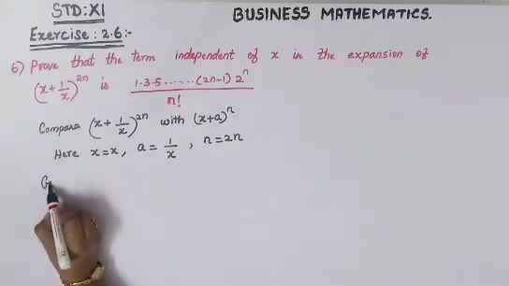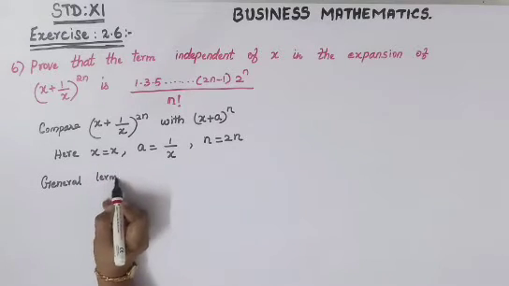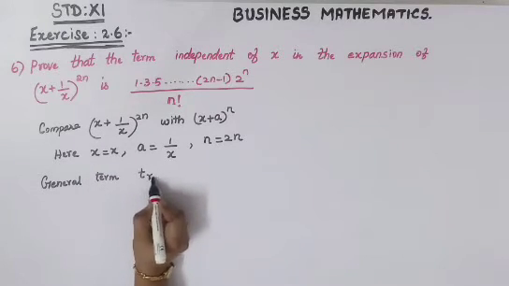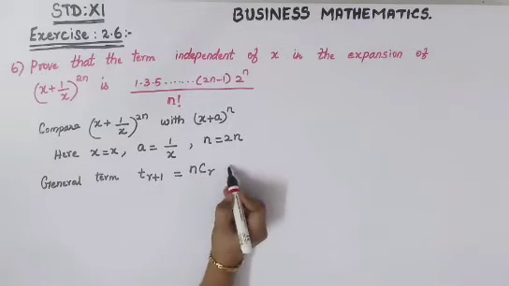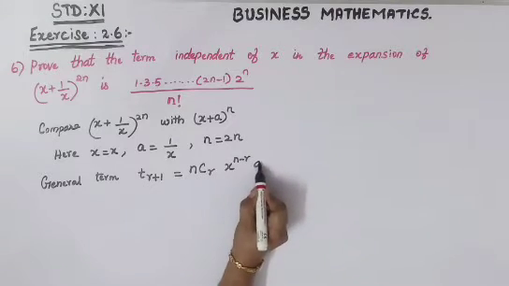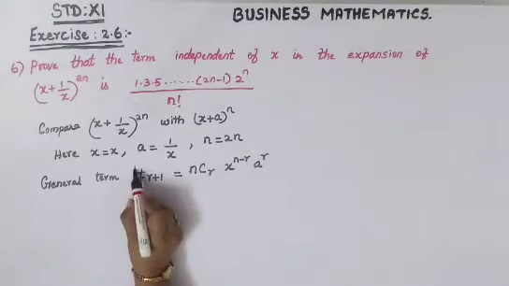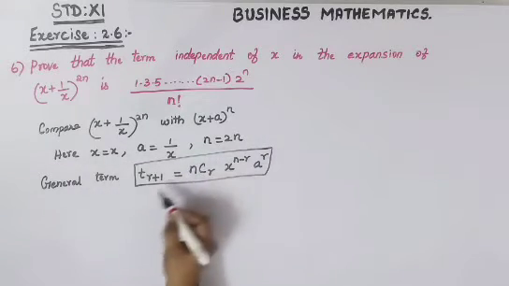Now the general term formula is T(r+1) is equal to nCr x power n minus r into a power r. So we'll have to substitute all the values we have got on top in this formula.